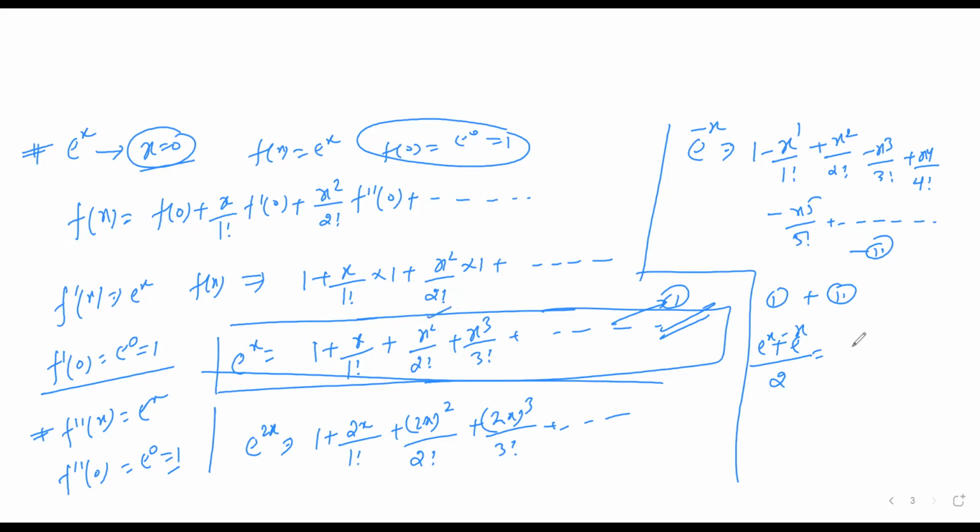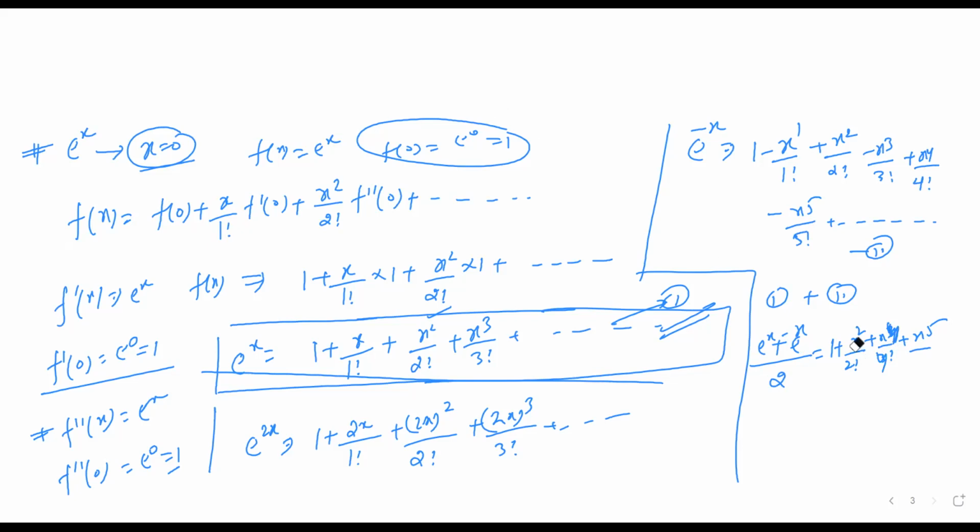So 2 is taken out as common, and set it on the left side. So the equation will reduce to 1 plus, odd power gets cancelled, so you'll get even power, it means x square by 2 factorial, x to power 4 by 4 factorial.